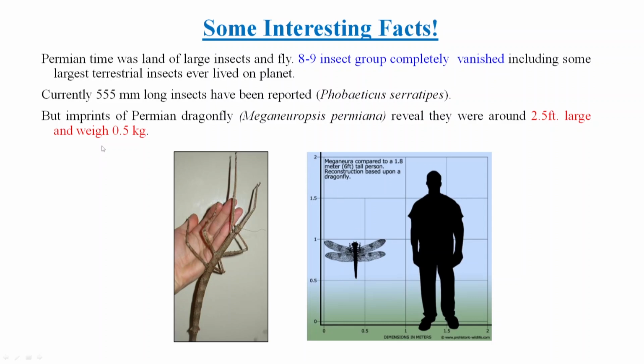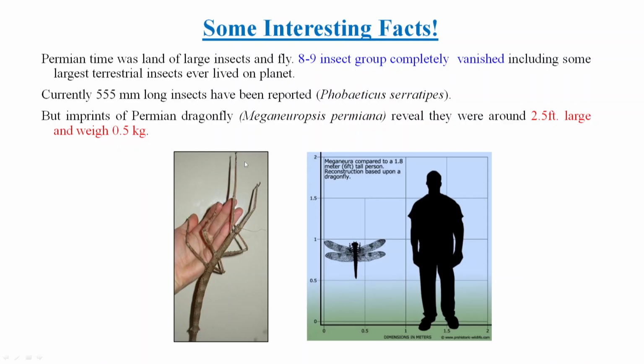But imprints of the Permian dragonfly, this one, revealed they were around 2.5 feet large and weighed around half a kg. So you can think of a large fly of that dimension, half a meter, that is quite big for a fly to exist, and because we can compare the size of the fly nowadays, you can see how huge it was in comparison to the present day. And some large land insects like this.